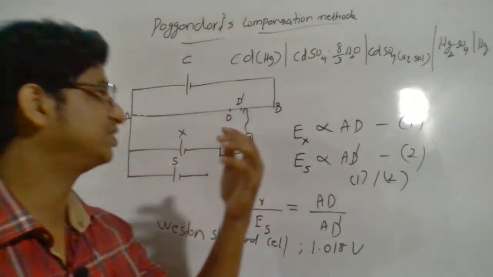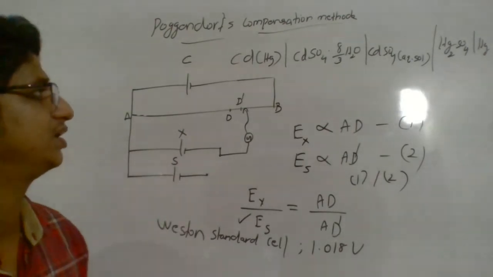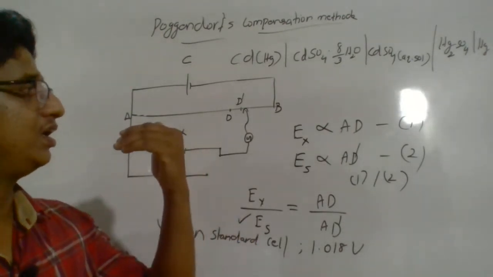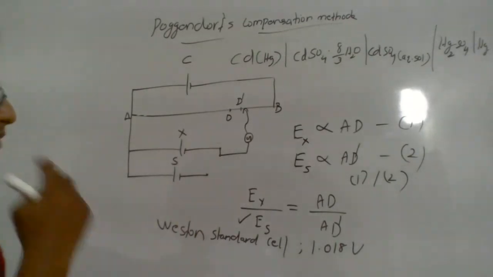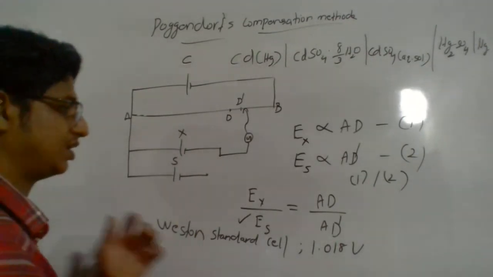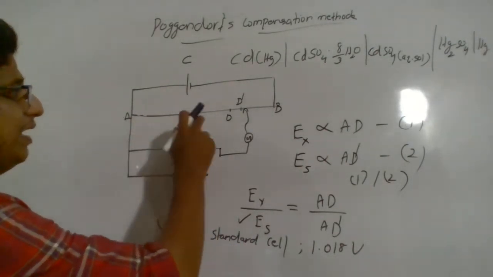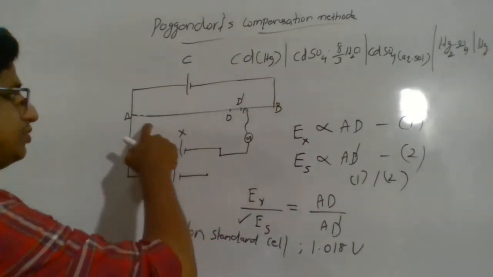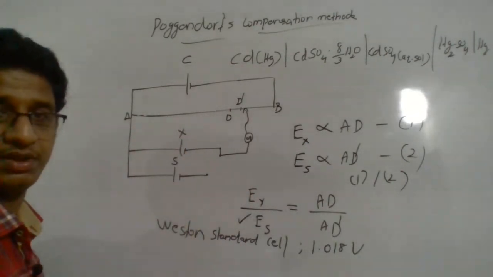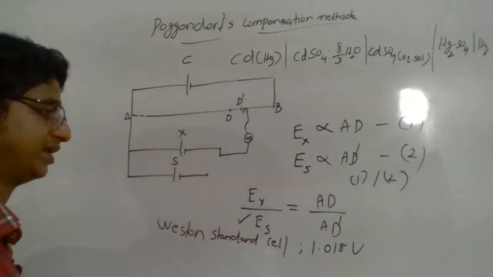Using the standard cell and an external EMF source, we can find the EMF of an unknown cell accurately. The principle is that at the point where the external EMF cancels the EMF of the unknown cell, you can find the balancing length. So the EMF of the unknown cell is always proportional to the balancing length in the potentiometer. That's the basic principle for you. EX by ES gives AD by AD dash.